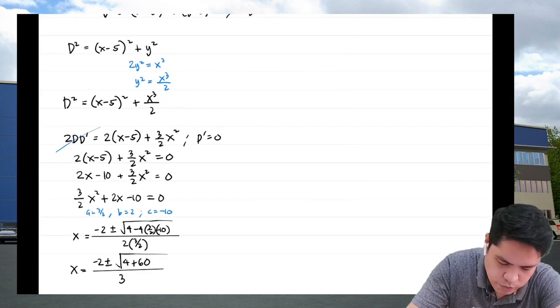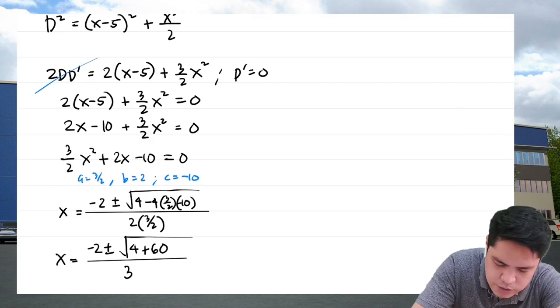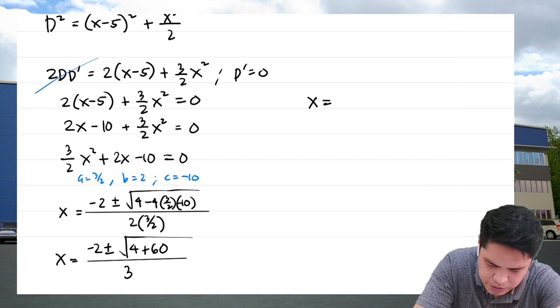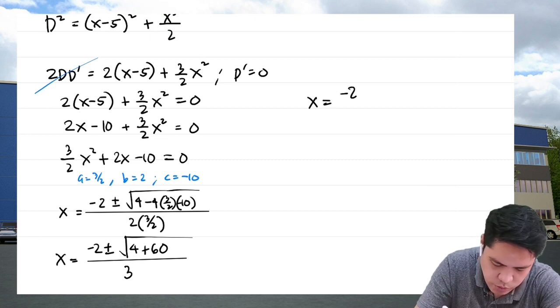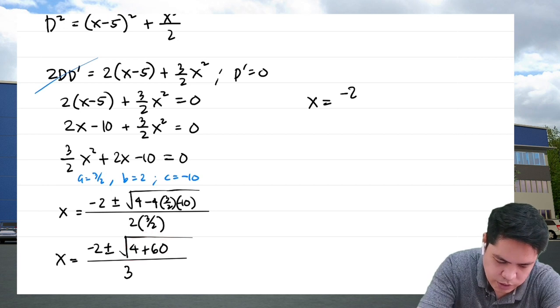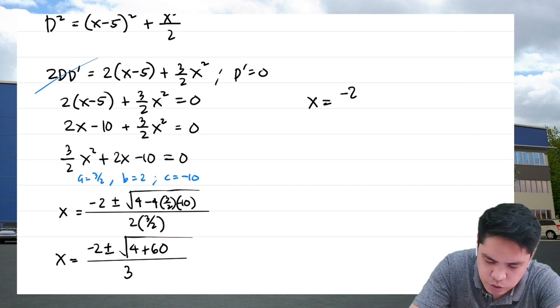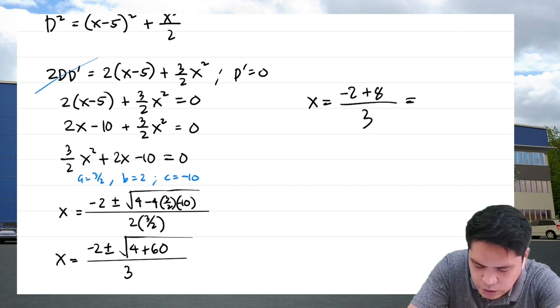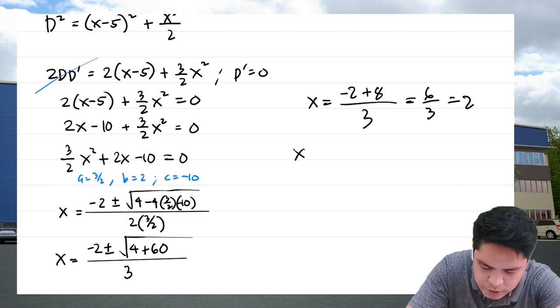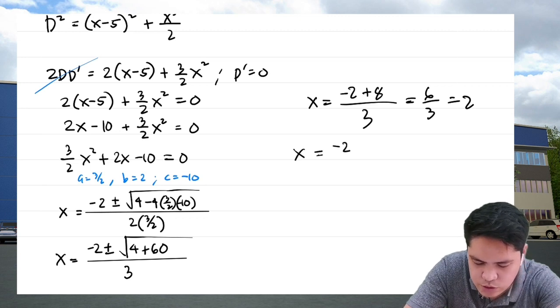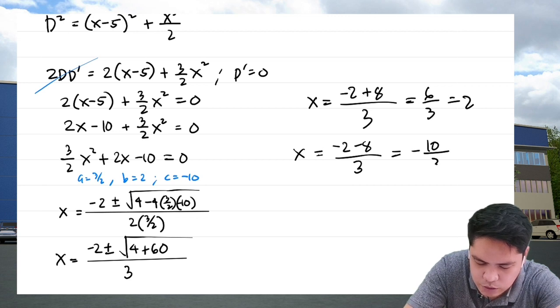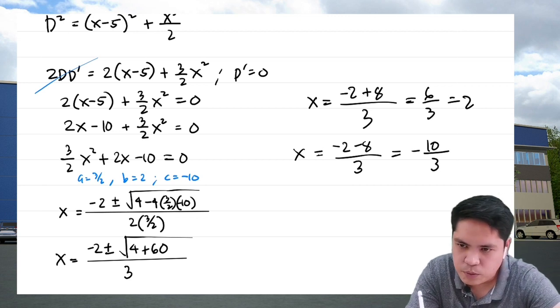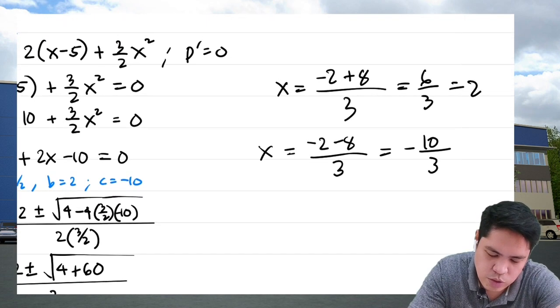Okay, let's now solve for x. So we have two values of x. If we use plus, we have negative 2. The square root of 64 is 8. So we'll use plus first. Negative 2 plus 8 over 3, that would be 6 over 3, so x is 2. And if we use negative 8, negative 2 minus 8 over 3 would be negative 10 over 3, or negative 3.3333. So we have two values of x.